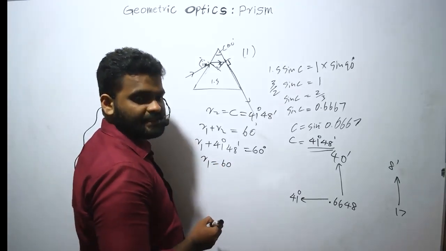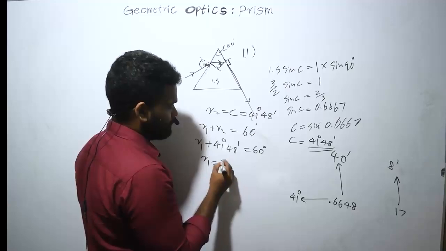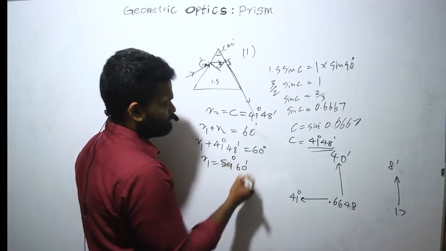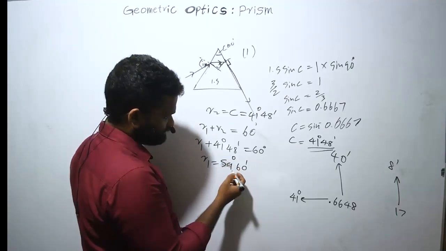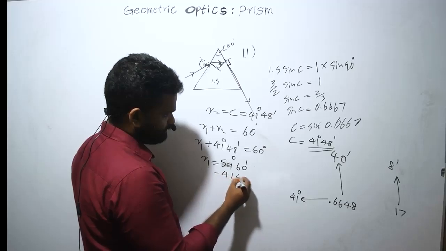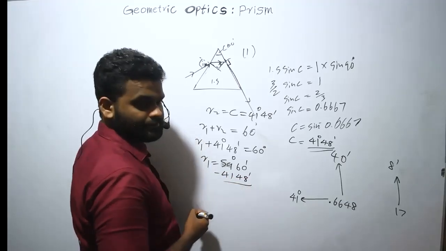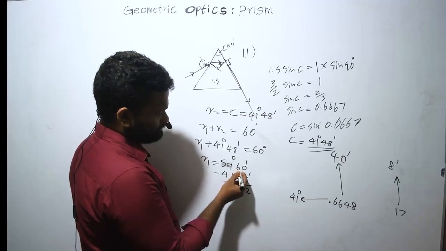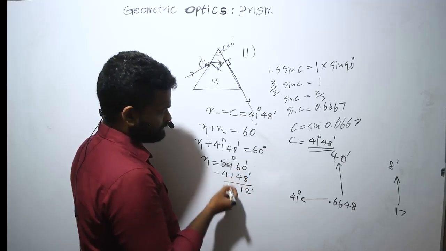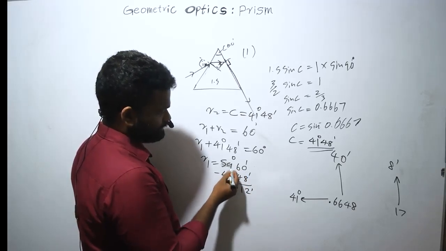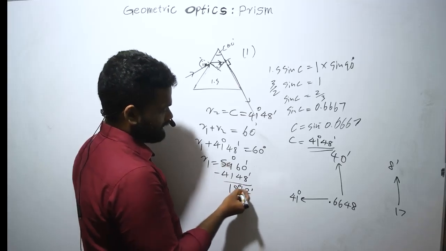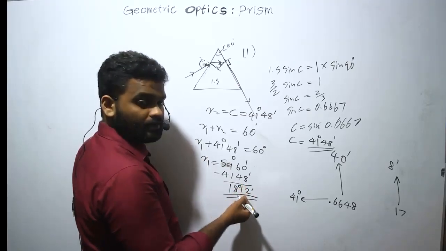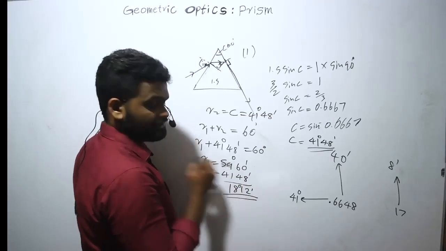So R1 is equal to 60 degrees, how do we write 60 degrees? 59 degrees 60 minutes minus 41 degrees 48 minutes. Subtracting, we get 18 degrees 12 minutes.